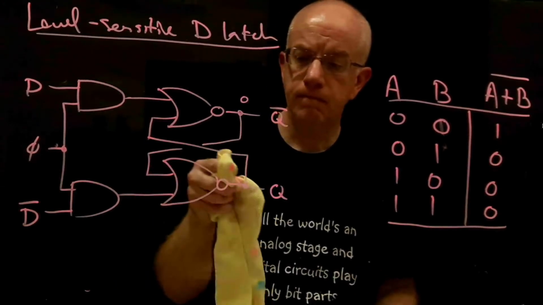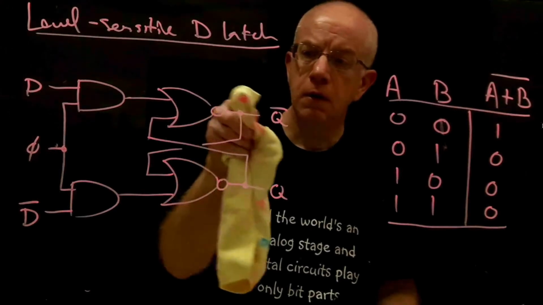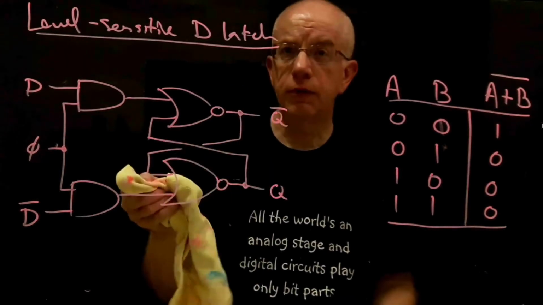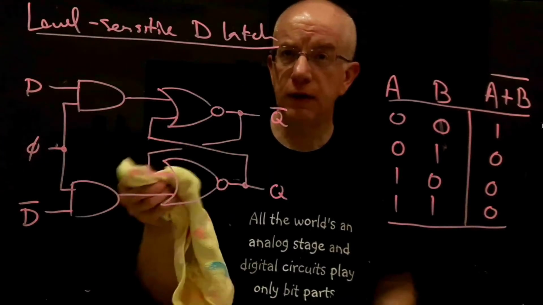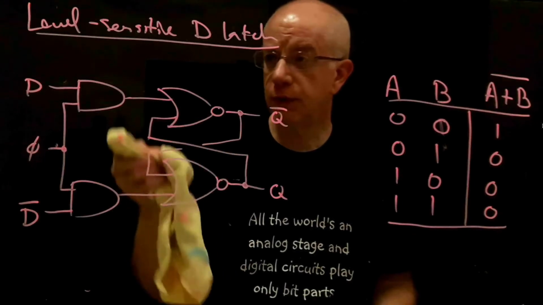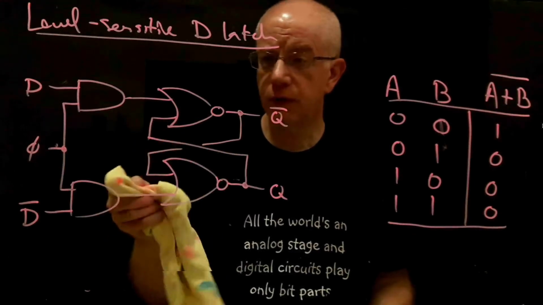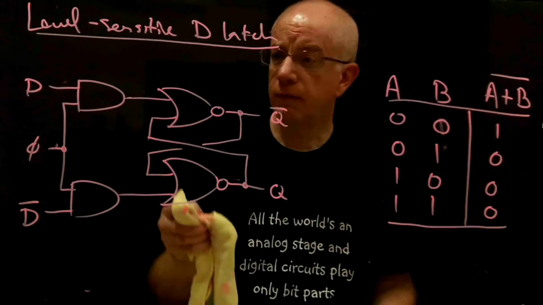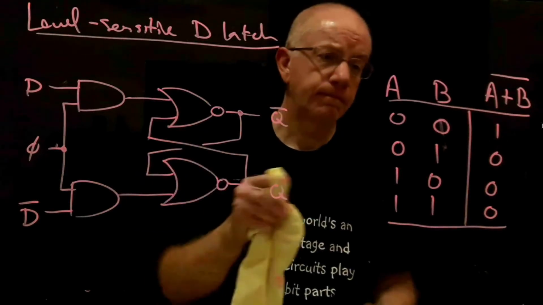Okay. Now, we could just work with NOR gates and NAND gates, and we can do some reshuffling here, and we could come up with an implementation of this that involves like 4 NAND gates.